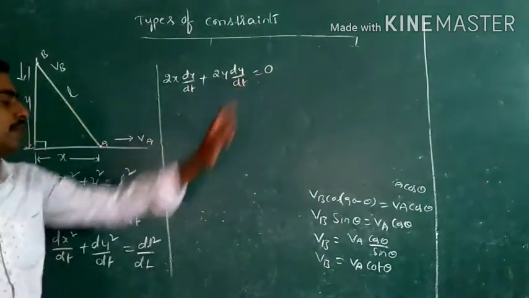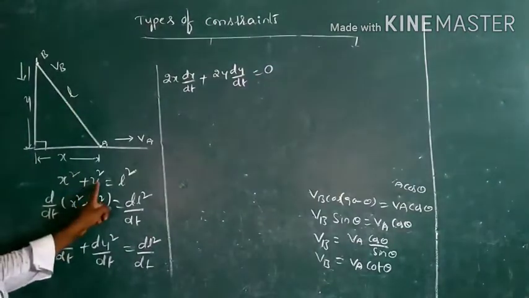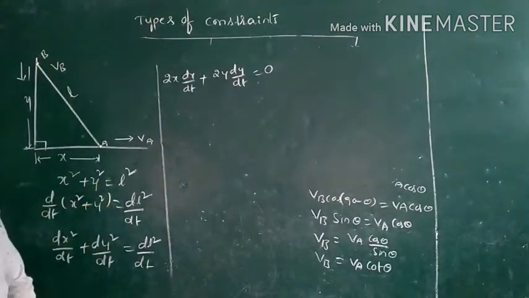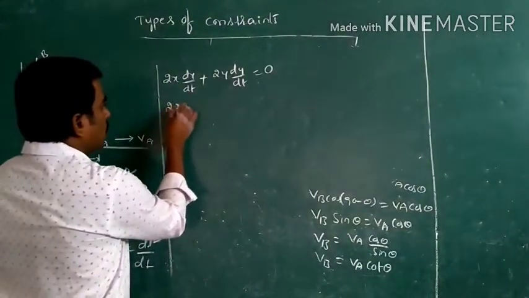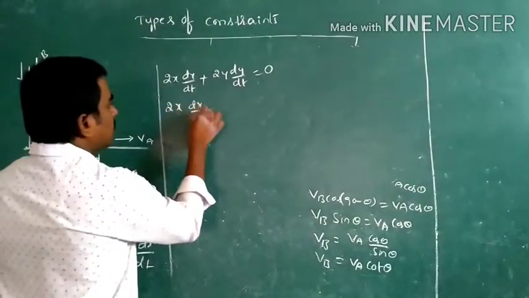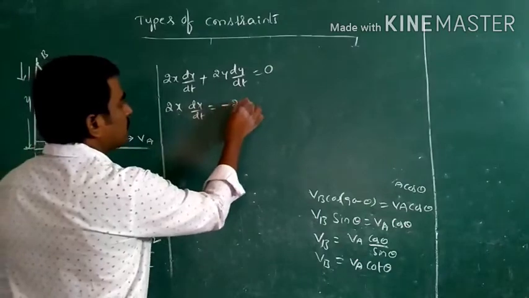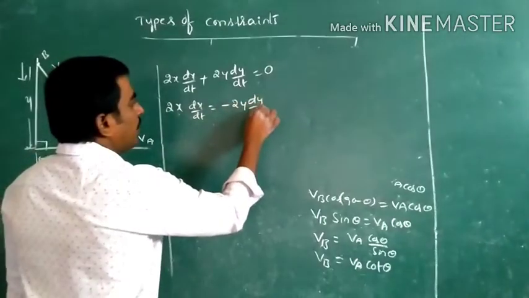Why do we consider 0 here? L square is a constant, and the differentiation of any constant value is 0 itself. Now I write 2x dx by dt equals minus 2y dy by dt.